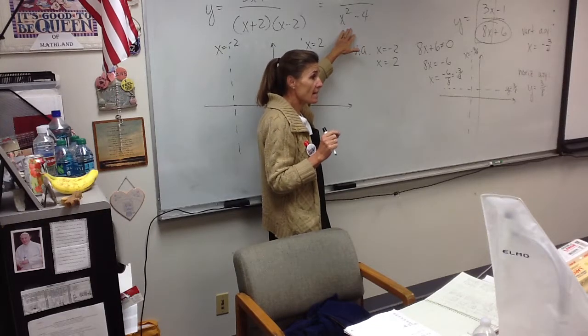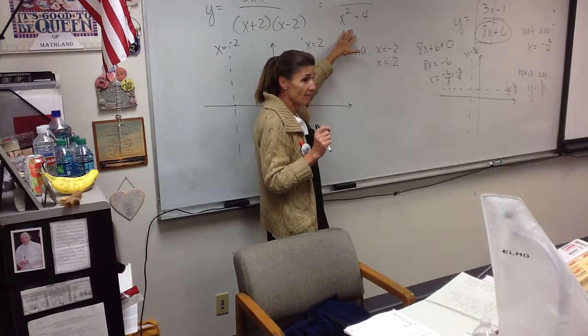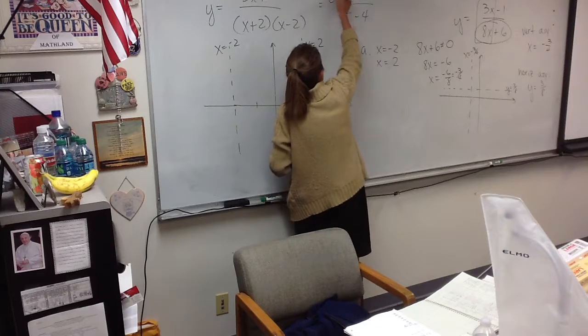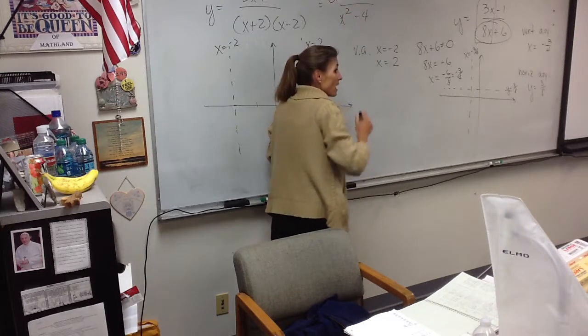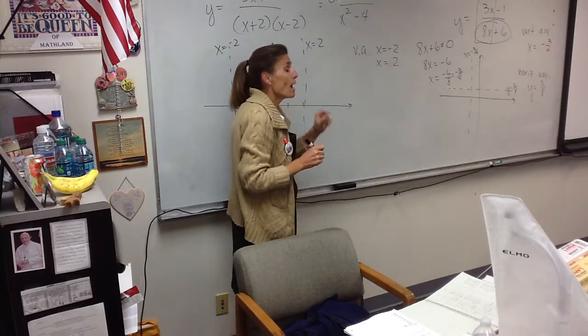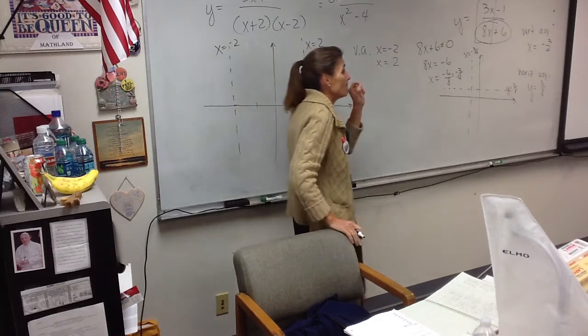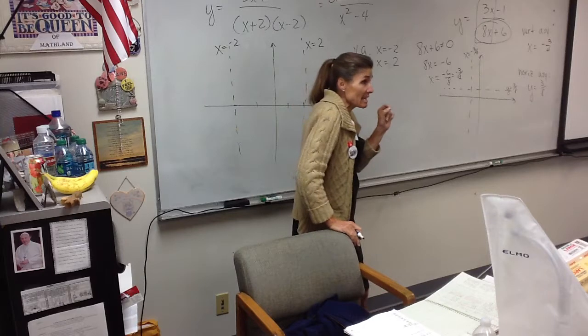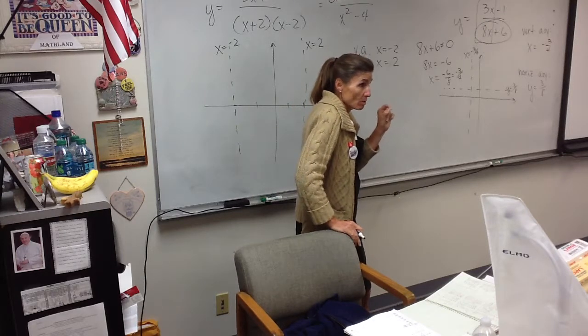When I look at the problem, what is the highest power of x that I have? I have x squared, right? But there are no x squareds on the top. You have to look at the biggest power. And if it's missing, you put in 0.